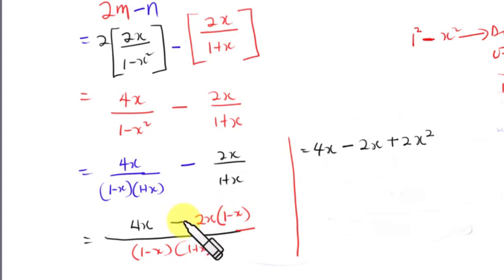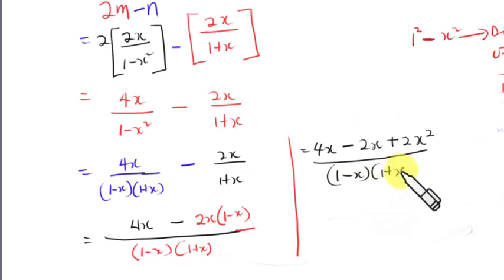So here negative 2x times 1 is negative 2x. If negative multiplies negative, we get positive. All right, so all divided by the LCM, that is 1 minus x, then 1 plus x. All right, so let's see how we simplify this.